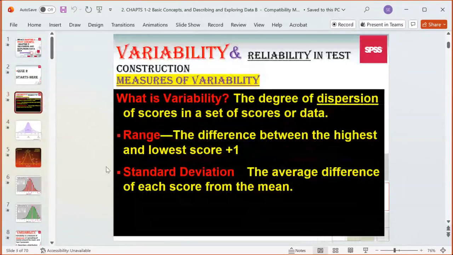We're going to talk about range, very simple. It is the difference between the highest and lowest score plus 1. In mathematics, they don't have 1. They just say the difference between highest and lowest, but in statistics, we add 1. And we're also going to talk about standard deviation and variance, which is the average difference of each score from the mean.